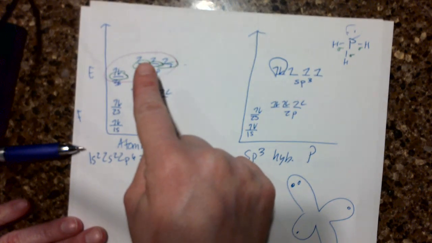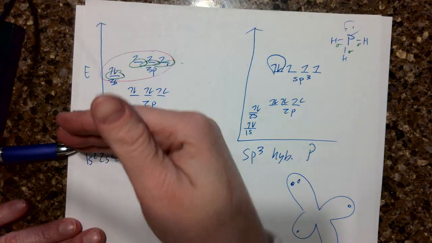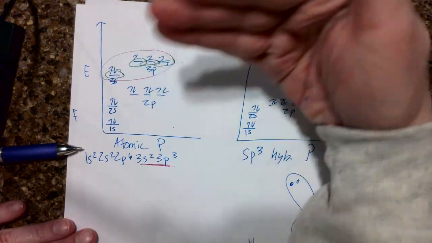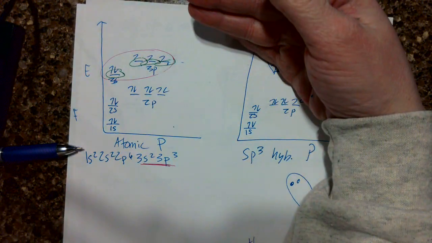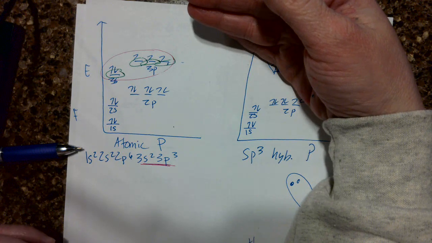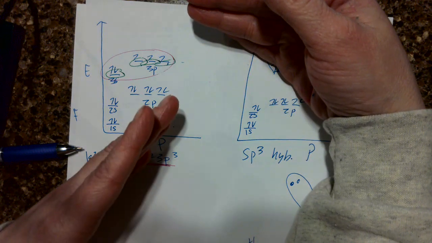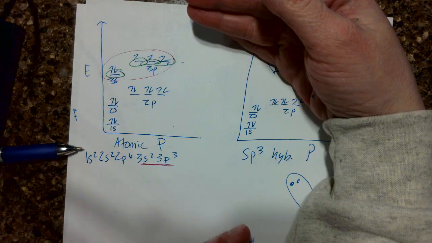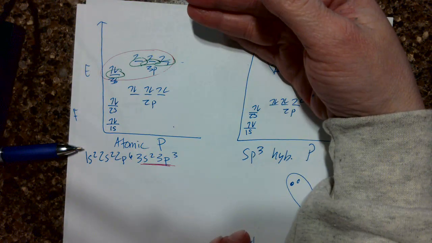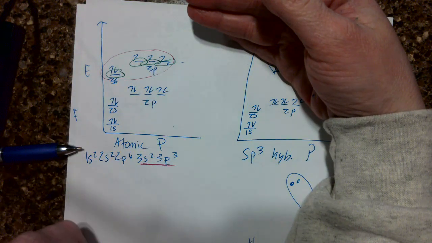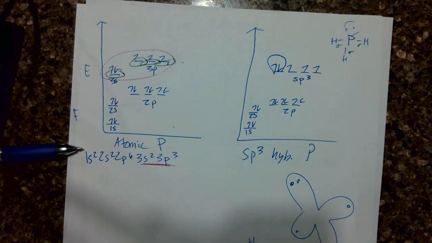So we have to excite electrons into that D subshell to activate it so we can then use it to hybridize. We can't go from regular atomic phosphorus to sp3d hybridized phosphorus because regular phosphorus right now doesn't have any electrons in a D subshell. So we got to make him mad by giving him extra energy.